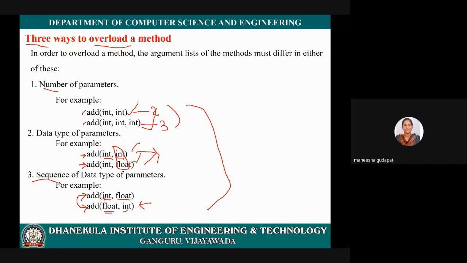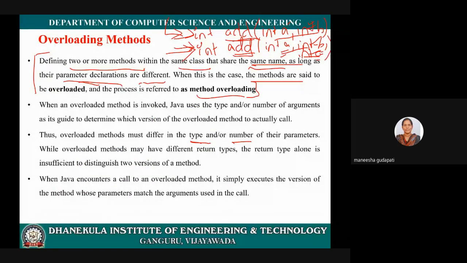What do you mean by method overloading? Defining two or more methods within the same class that share the same name, as long as their parameter declarations are different, then the methods are said to be overloaded, and this process is referred to as method overloading.